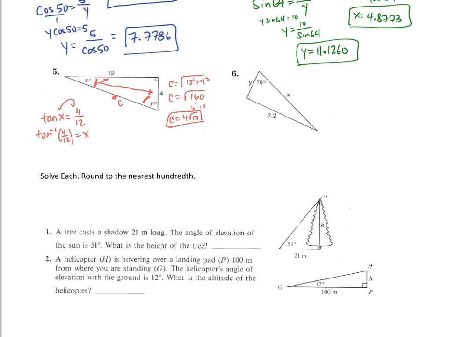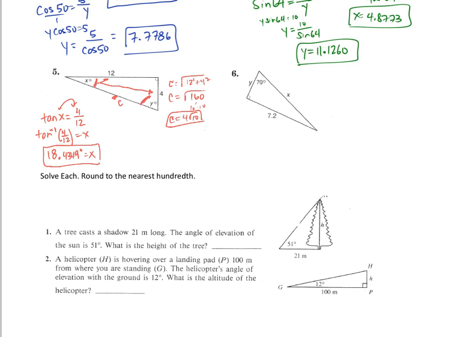Remember, to flip-flop these, you need to do the inverse operation. And that's how we isolate the x. So let's go ahead and do the inverse tangent of 4 over 12. And this comes out to be 18.4349 degrees for x.